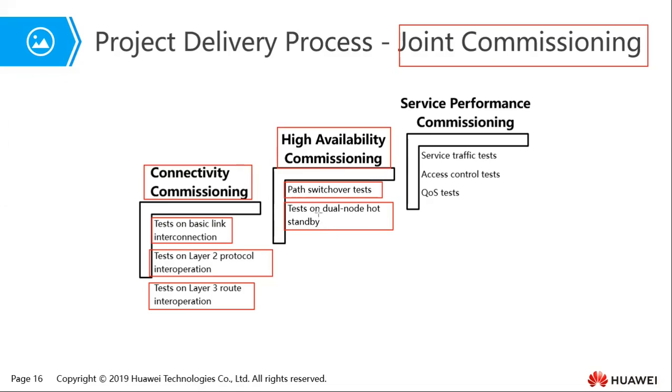So for example, if you're having 2 fan modules and one of them is working on standby mode, you can switch off the running one and see whether the one that is working on standby mode will automatically pick up. So you need to do such tests during joint commissioning at the high availability commissioning.